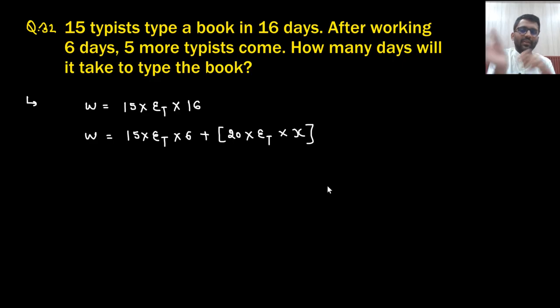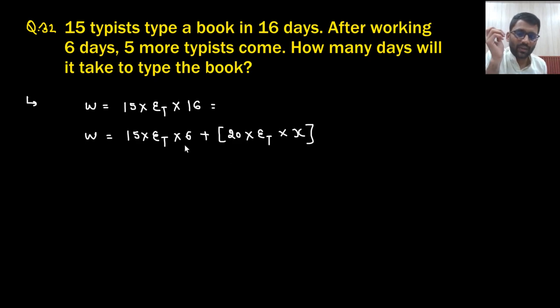Are you getting this point? This was the work. 15 into 16. 15 typists working with their full efficiency for 16 days. After working for 6 days, 5 more typists came. So first 15 typists were working for 6 days with their full efficiency. Now 20 typists will work with their full efficiency for x more days.